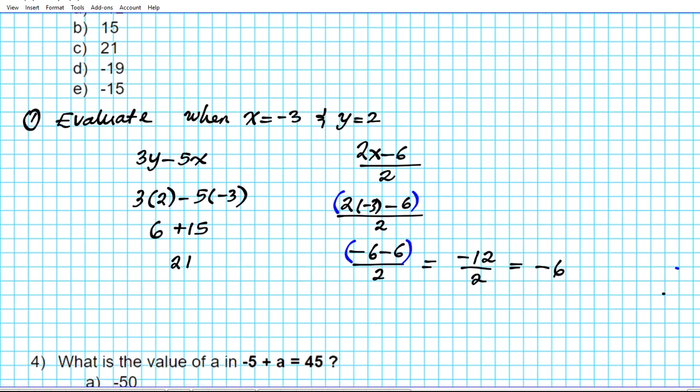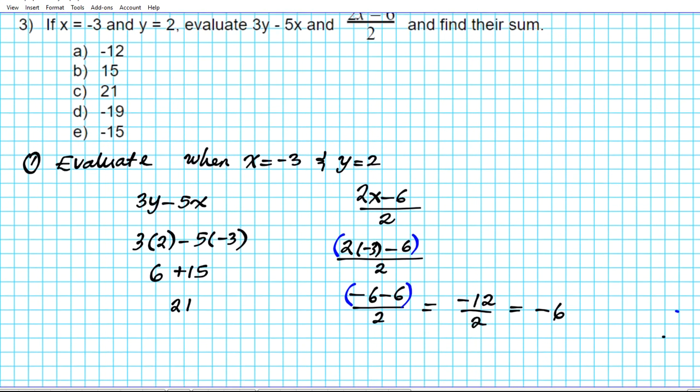Okay? Now we have to find the sum of the two values that we just got. So that's part 2, find the sum. Remember, sum means addition. So we're just going to take 21 and add -6.